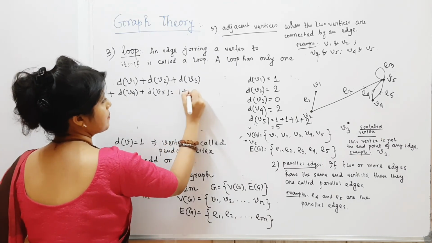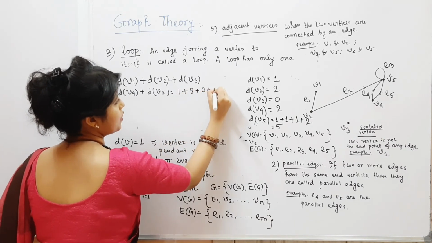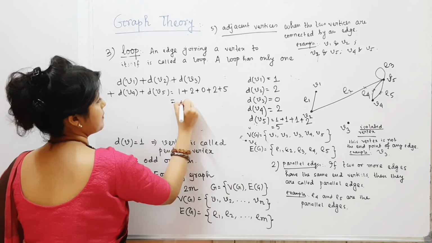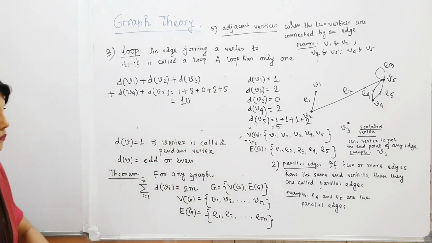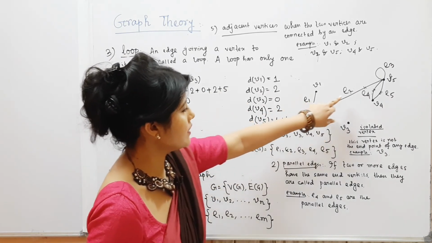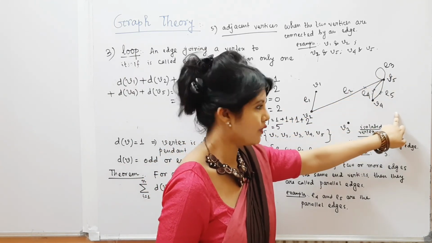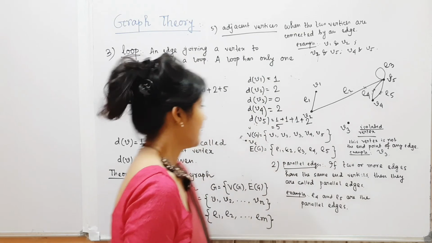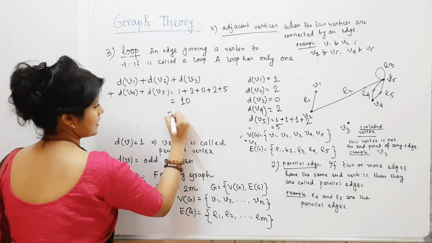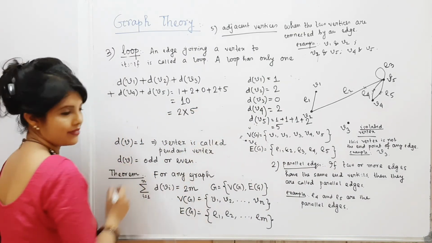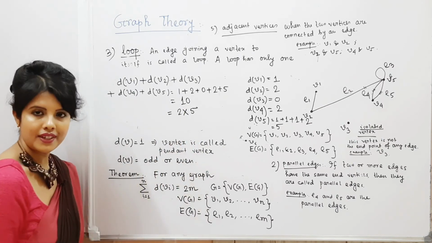And how many edges are there? E1, E2, E3, E4, E5. So 5 edges, which means 2 into 5, twice the number of edges.